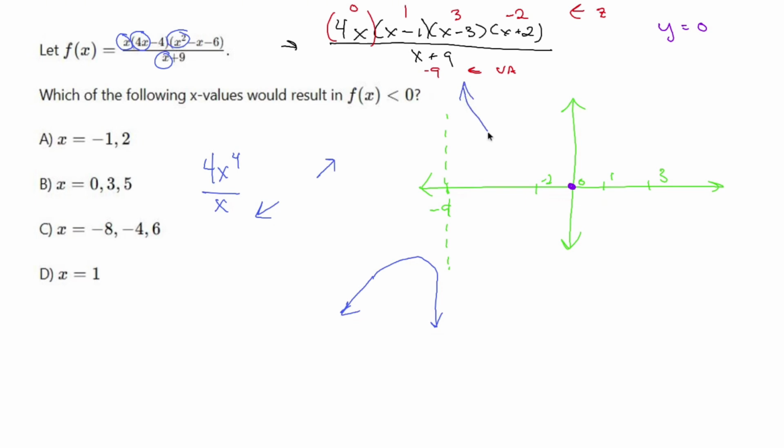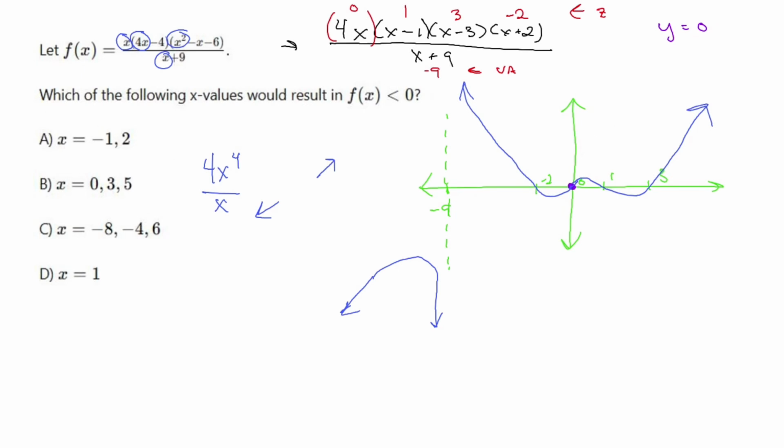It's going to come down, go through negative 2, and then come back up and go through 0. Now no asymptotes again, so it's going to come back down through the 1, and then back up through the 3 and go that way. Is this going to be the exact picture? No, absolutely not. But this is what it gives us.